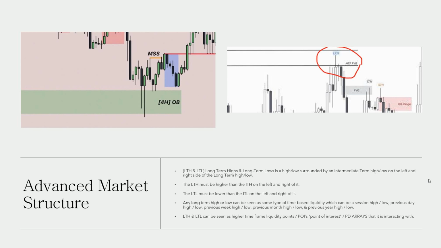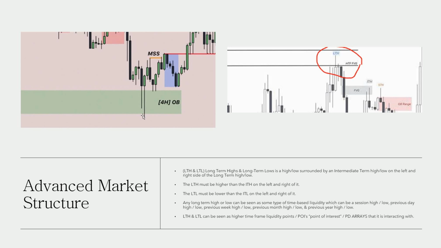So a long-term high is surrounded by intermediate term highs and lows on the left and right. So you look at this low right here, on the left example. This long-term low right here is tapping into a higher time frame PD array, which is this 4-hour order block. Now I'm not discussing PD arrays in this video, but I'm just letting you guys know. It's tapping into this 4-hour PD array, which is an order block.